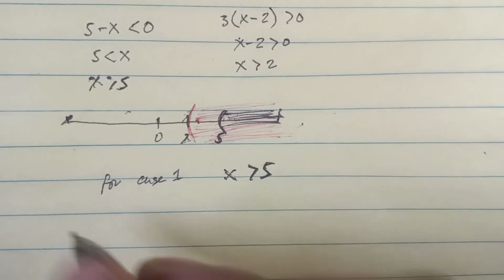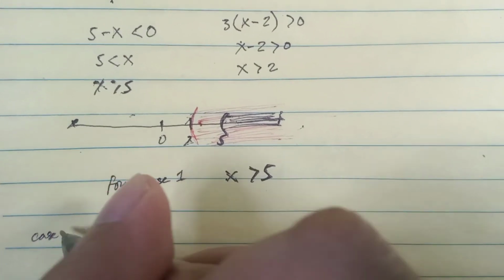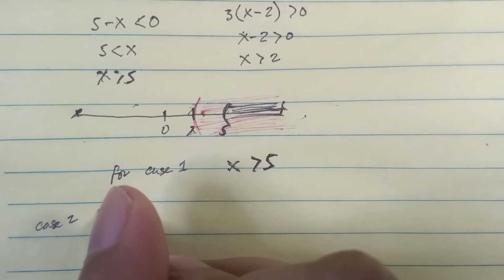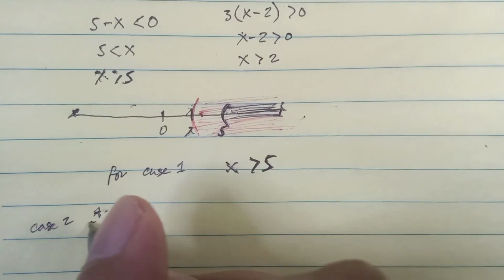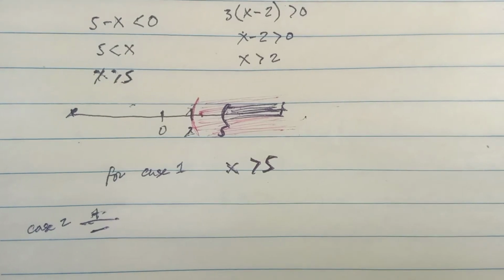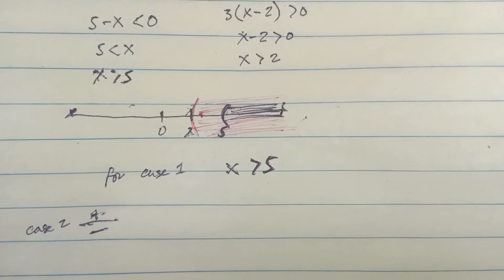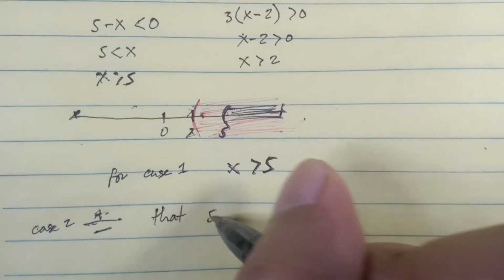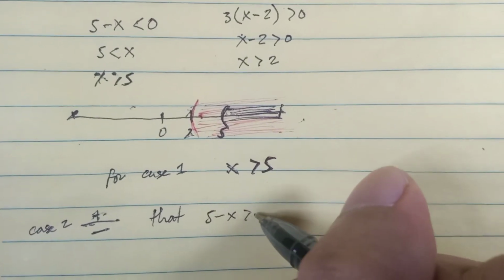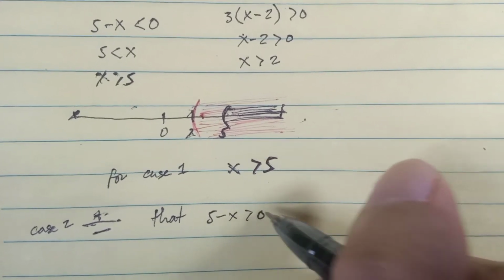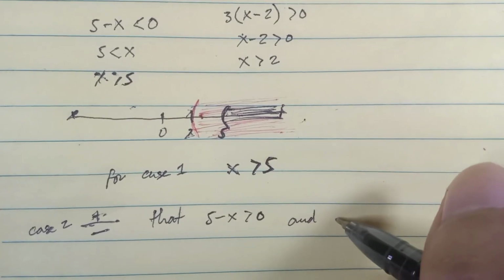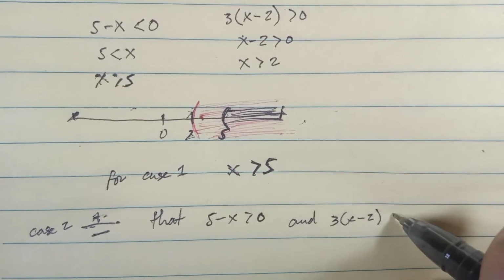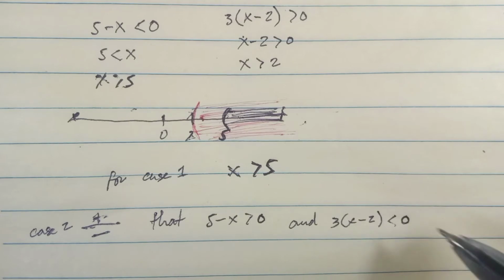Now let's do case 2. For case 2, we have positive over a negative. So we can say 5 minus x is greater than 0, and 3 times x minus 2 is lesser than 0.